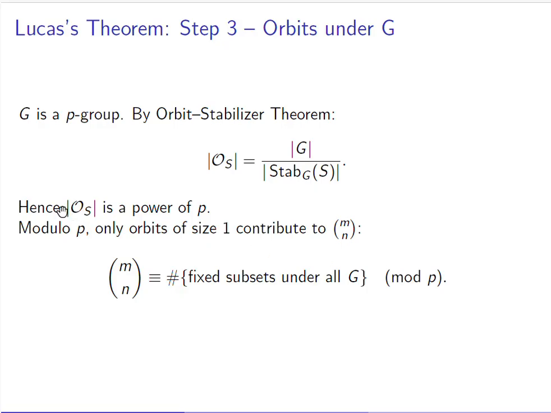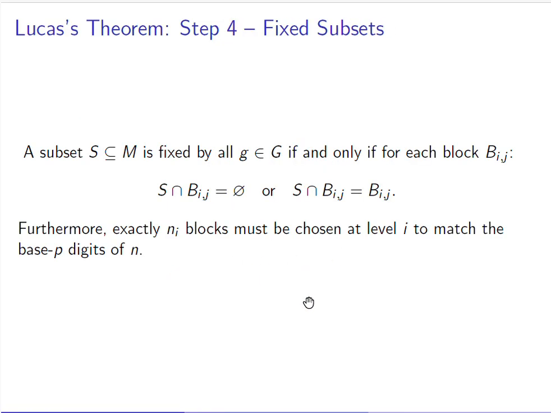But we said that the size of the orbit is a power of P. So if we take mod P, all those will give you 0. So the only thing you have left is the fixed subsets under all of G. Okay, so now this is what we want to calculate.